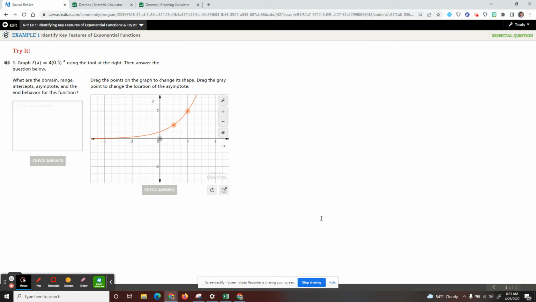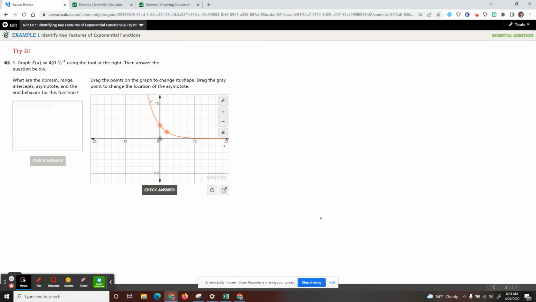So in this example, you have f of x equals 4 times 0.5 to the x. The first thing I'm going to do: the a value represents your y-intercept, so I'm going to zoom out, go to there, and move the y-intercept to 4. Now I need to know where this other point goes.